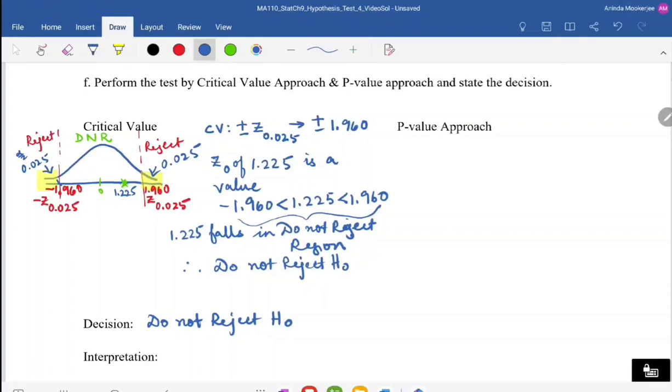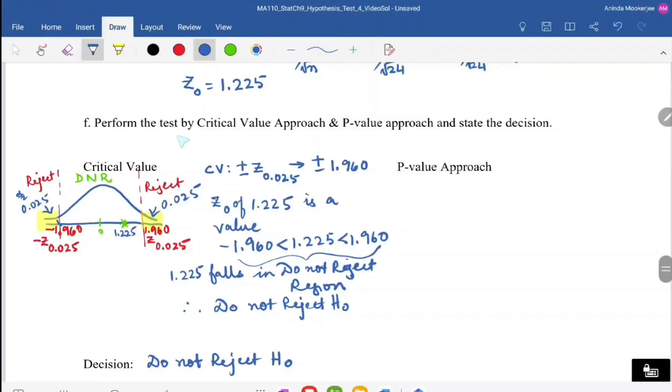Now with the p-value approach, we start with our test statistic value. So what we do is we find the area corresponding to the z sub 0 value of 1.225.